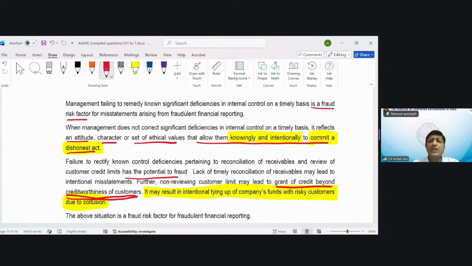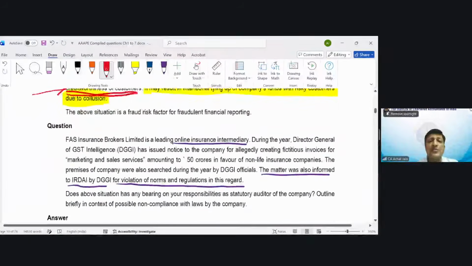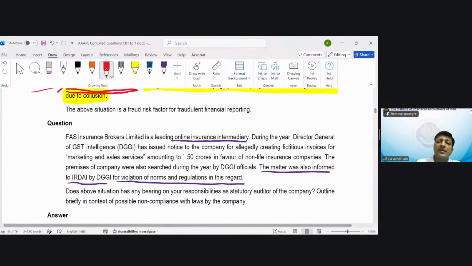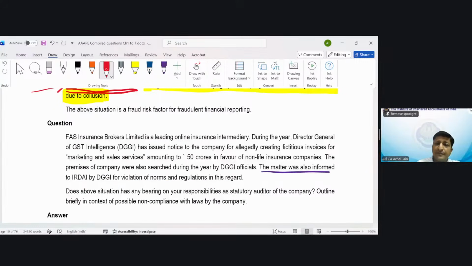Further, not reviewing customer limits may lead to the grant of credit beyond creditworthiness, which could be a big concern. It may result in intentional tying up of the company's funds with risky customers due to collusion. So collusion is a possibility. Therefore, we can say the above situation is a fraud risk factor for financial reporting, right? Okay.